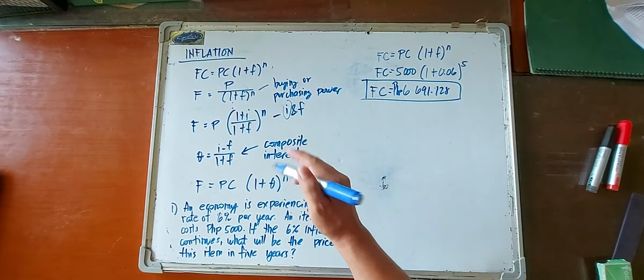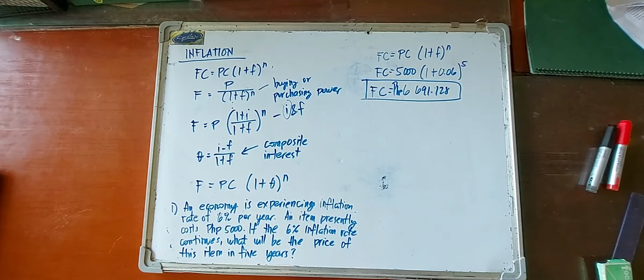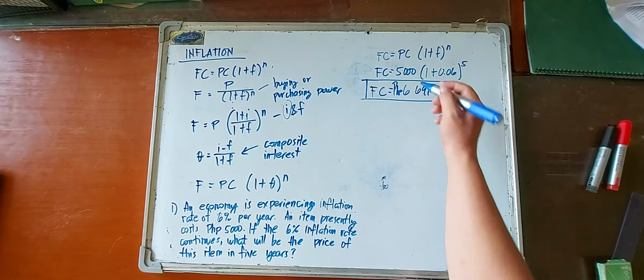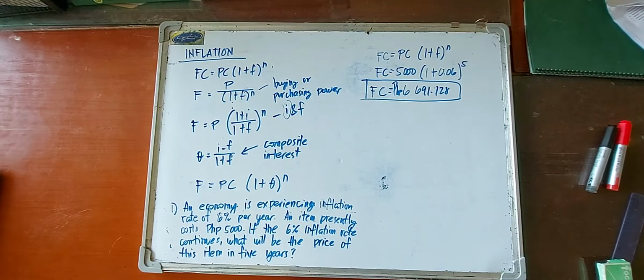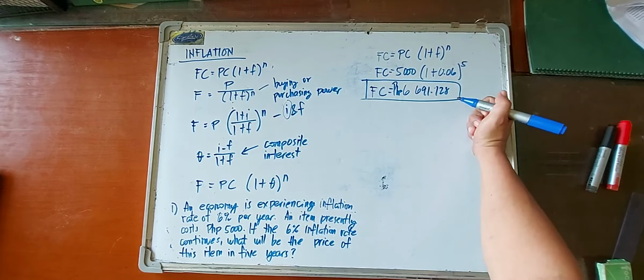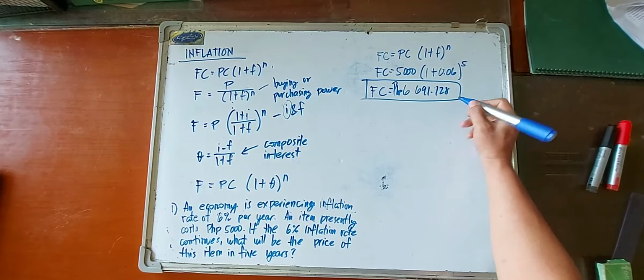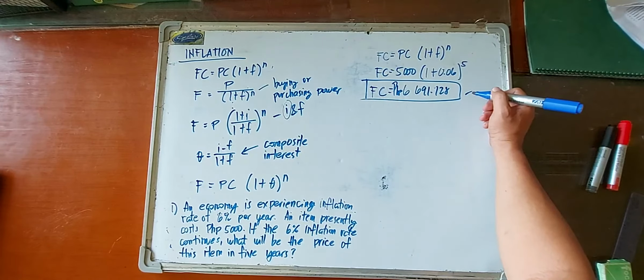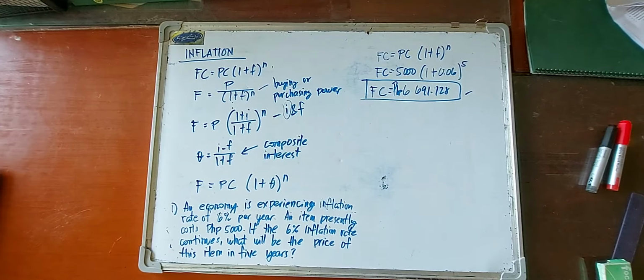You still have that 5,000. Hindi mo siya pwedeng mabili. Unless you have invested 5,000 sa may magandang investment. Okay. So, yan. That's how you compute for the future cost of the item or commodity.